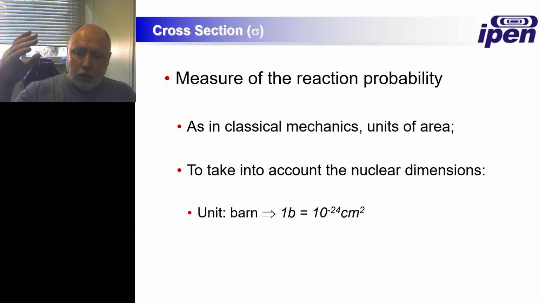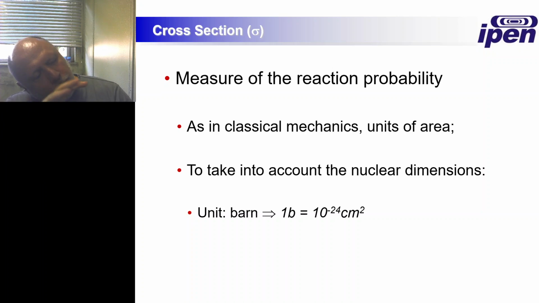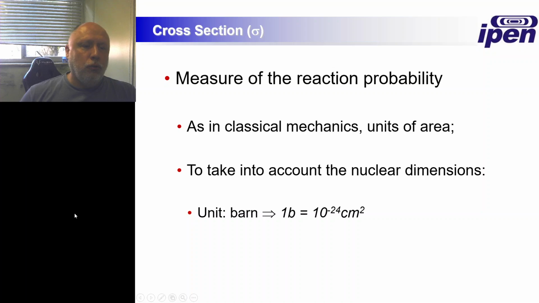If you take a look at classical mechanics, when you think of the cross-section of a collision, you think meter squared or centimeter squared. But now, as the nucleus is very, very much smaller than that, the unit we use is the barn, right? Because it comes from a joke. Some scientists said that to collide two atom nuclei would be like finding a needle in a haystack on a barn, right?